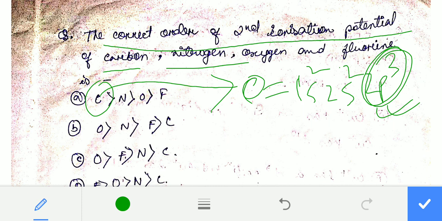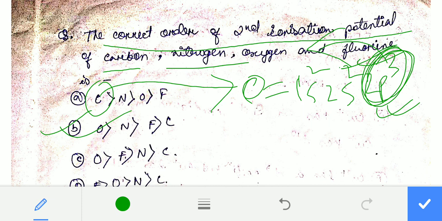If somebody wants to remove one electron from that stable configuration, it definitely requires a large amount of energy. So the second ionization potential for the oxygen atom will be the highest. A very large amount of energy will be required to remove an electron from this stable 2p3 orbital.